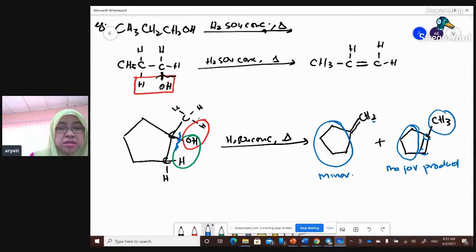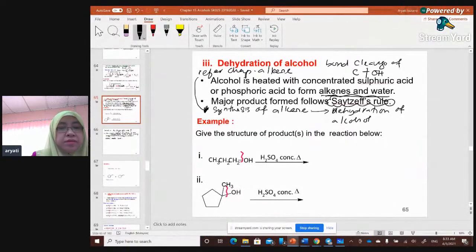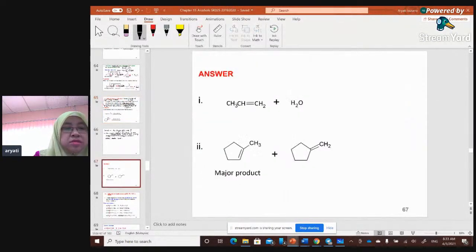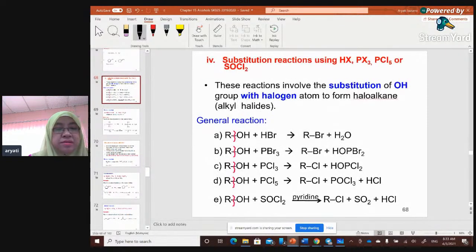Okay, next is, okay. So this one I have already discussed. Okay, next is substitution reaction by using HX, PX3, PCl5 or SOCl2. So this reaction involves the substitution of OH group with halogen atom to form haloalkane, alkyl halide.